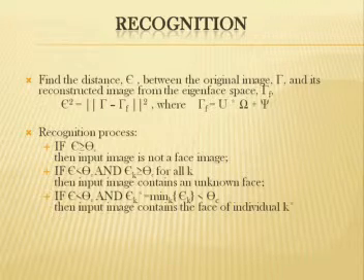If distance is less than the threshold distance and the distance for the test image equals the min, less than the threshold distance, then the input image contains the face of individual k. By following the conditions, the computer recognizes the image given.